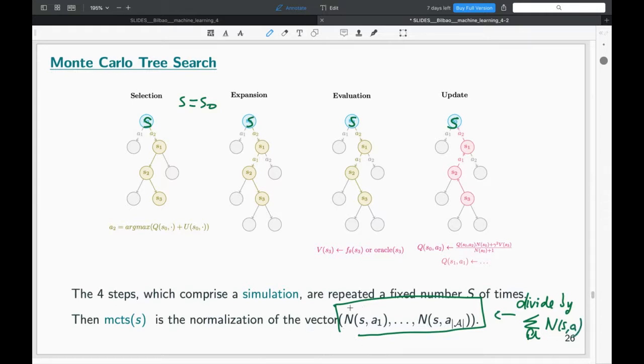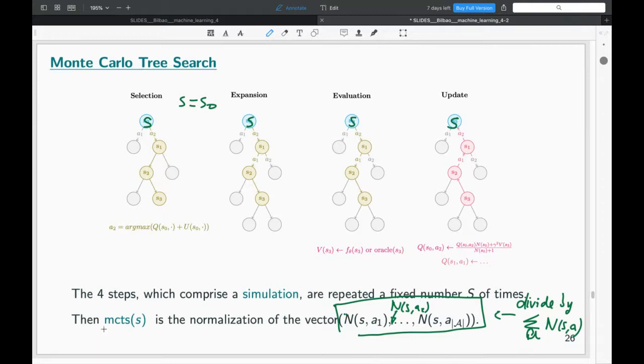And remember that NSA is the number of times that action A has been taken at state S during all simulations. Okay, so if A2 has been selected a lot of times during the simulations, then NSA2 will be one of the largest numbers in here. So A2 will be assigned one of the highest probabilities.